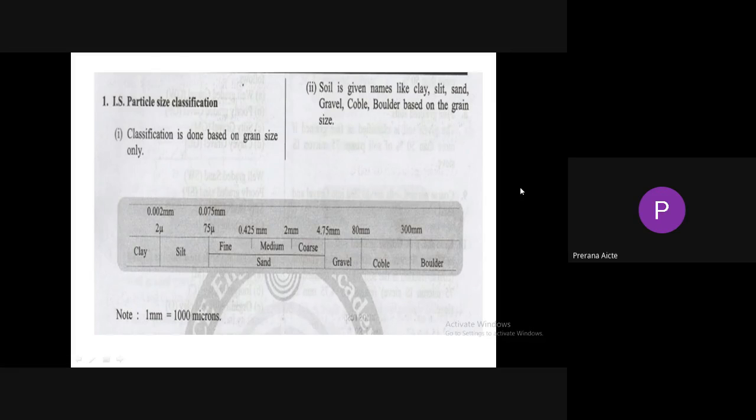If the particle size is greater than 0.425 mm and less than 2 mm, it is called medium sand.